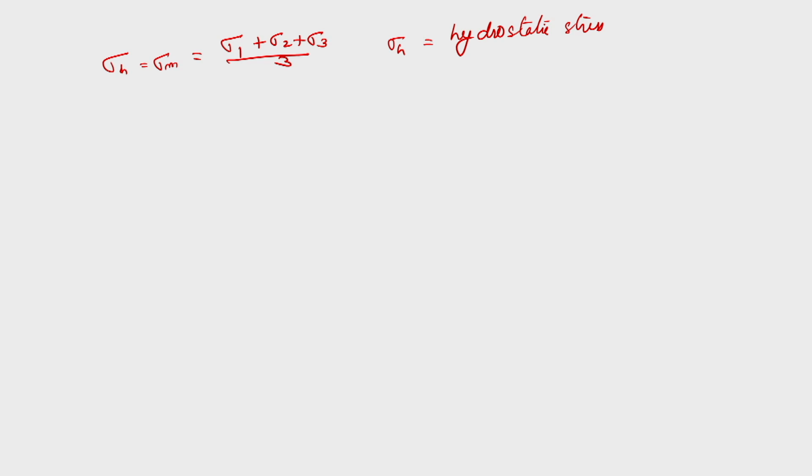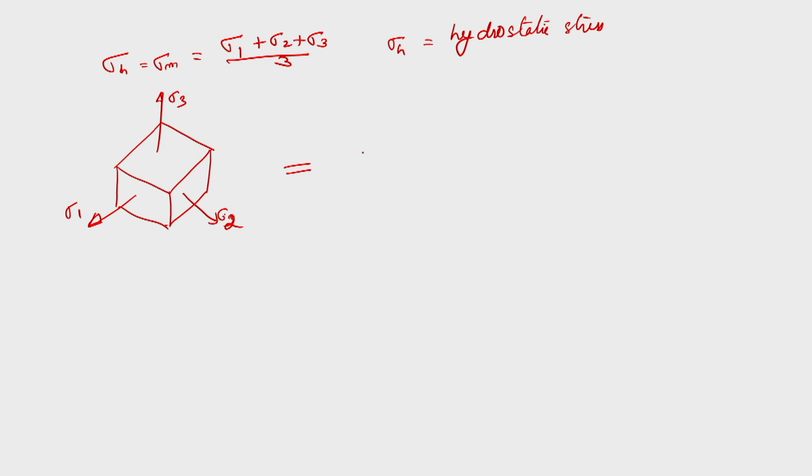So, for example, if this is sigma 1, which I think this slide has been shown earlier also, this is sigma 2 and this is sigma 3. We can write this as a sum in all three directions. Hydrostatic stress will remain the same.